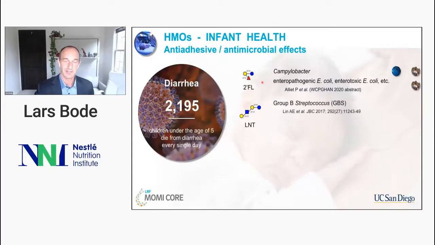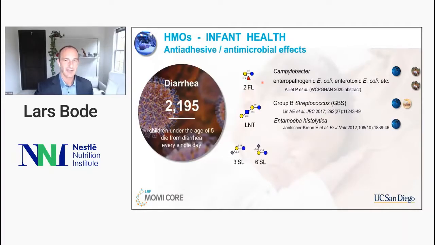LNT has been associated with group B streptococcus infections, but also with protozoan parasites like Entamoeba histolytica. We've seen that other oligosaccharides are associated with rotavirus infections, and you can go through different pathogen types, whether it's viruses, bacteria, or protozoan parasites, with different oligosaccharides having potential protection.